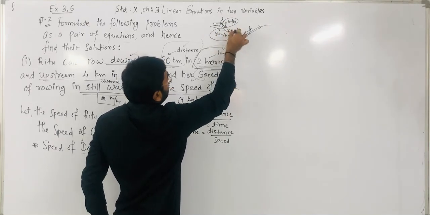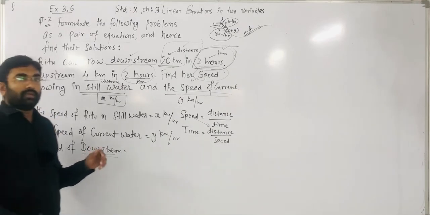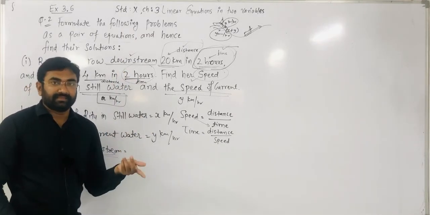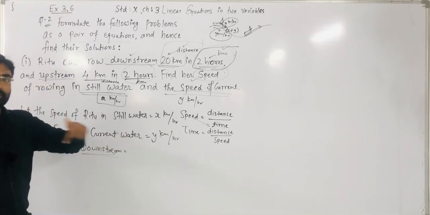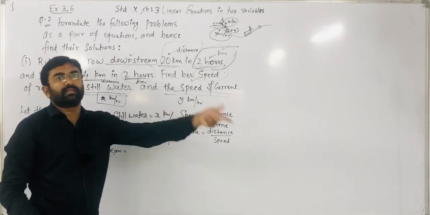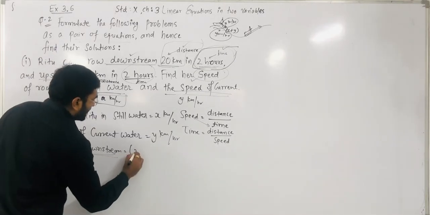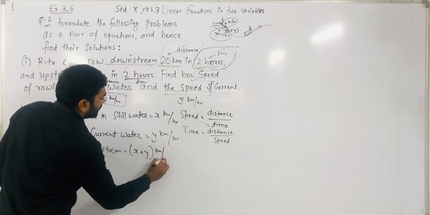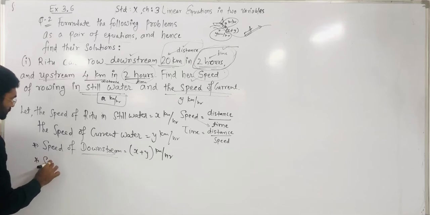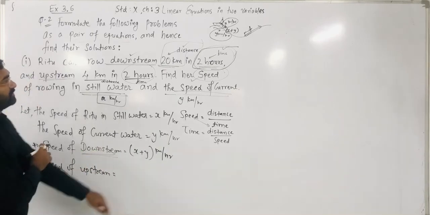It means x plus y kilometers per hour. If you ride a bicycle down a slope, your speed increases, because your running speed as well as the downward current speed both add, so you get a greater speed. That's why the speed of the downstream we can write as x plus y kilometers per hour. In the same way, we have to write the speed of upstream, which we can define that way.